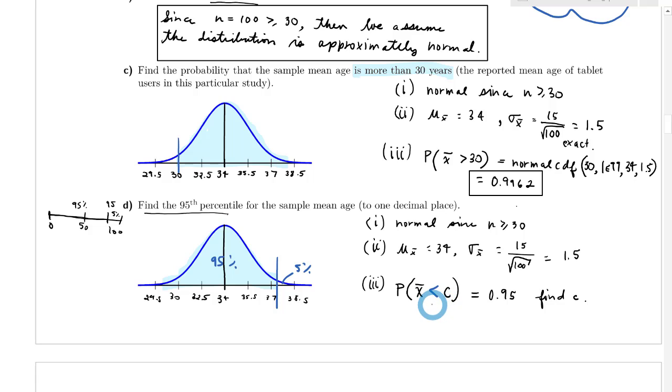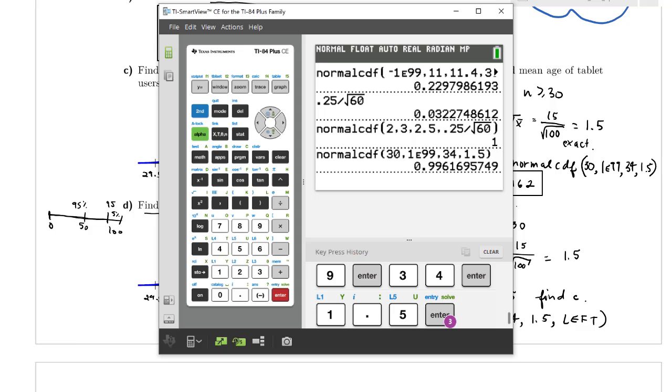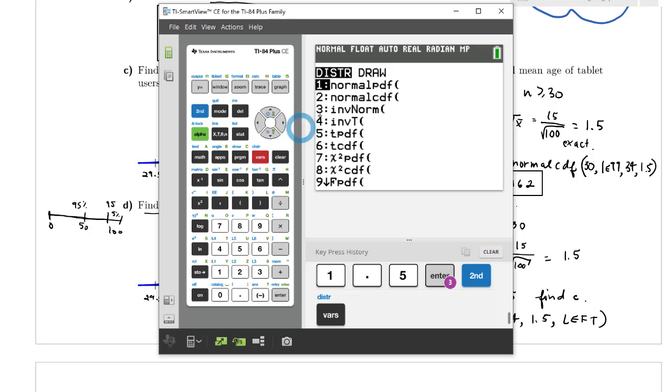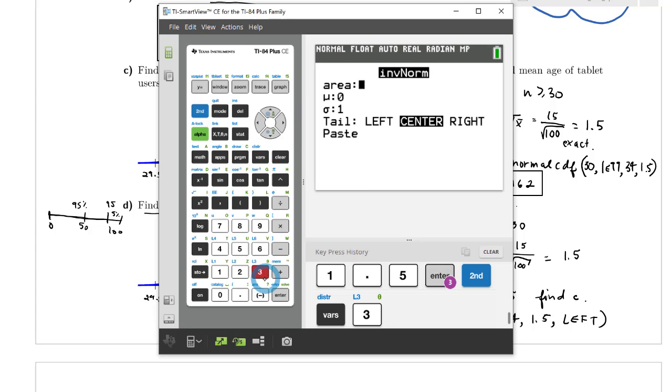So recall back in the previous chapter, when we had to work our way backwards, we used invnorm. And we used invnorm to find these missing values. And really it's just the area that you're looking at, right? Then the mean and standard deviation, and we're going to do area to the left. We just put that in the calculator and it's going to give us the age. So we go back to second distribution, invnorm, which is number 3. And the area to the left was 95%.